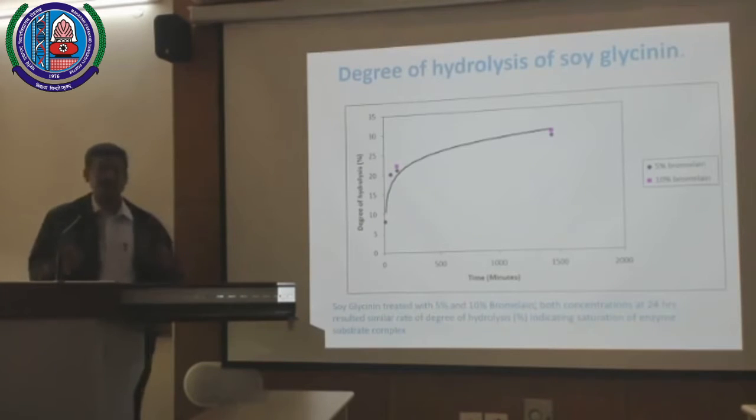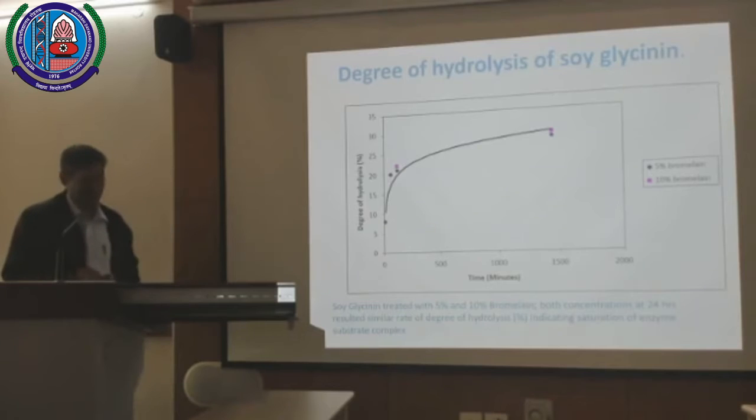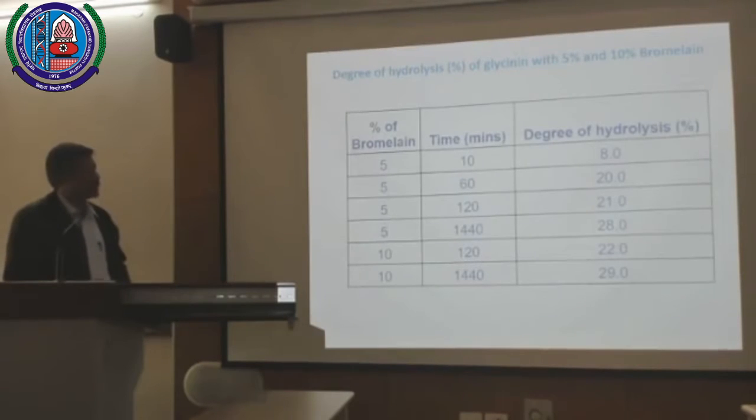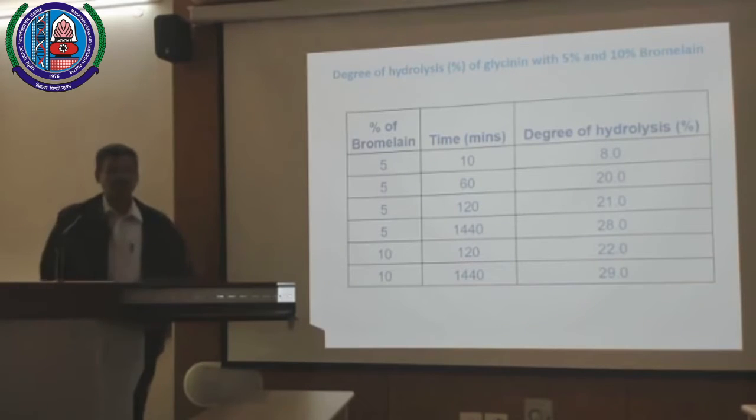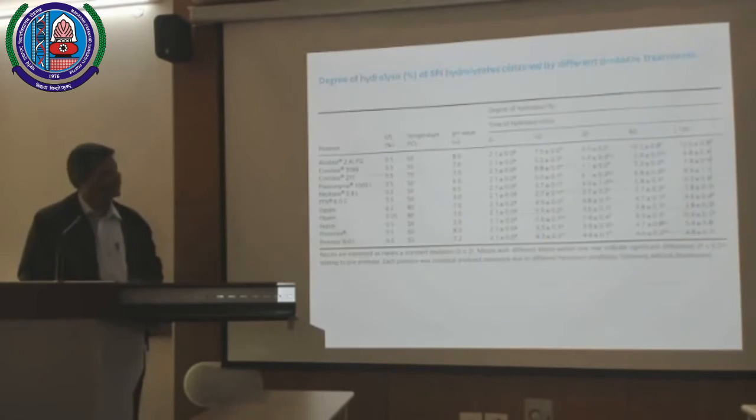So we can lower the concentration and still get the end product, so we don't waste the enzyme. So we are optimizing the condition. Then how the degree of hydrolysis varies with different concentrations. The degree of hydrolysis was 28% at that time. You can see the characterization chart here.